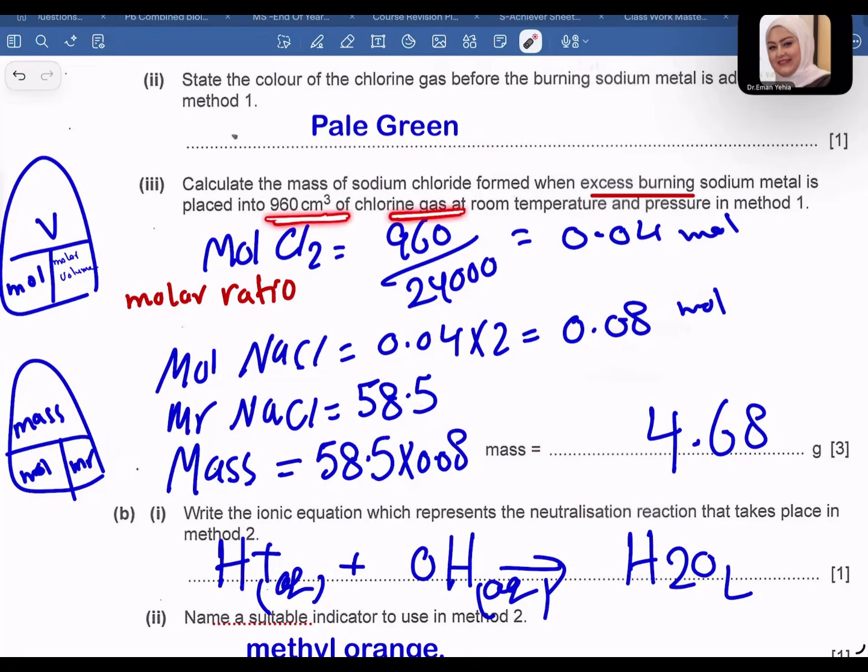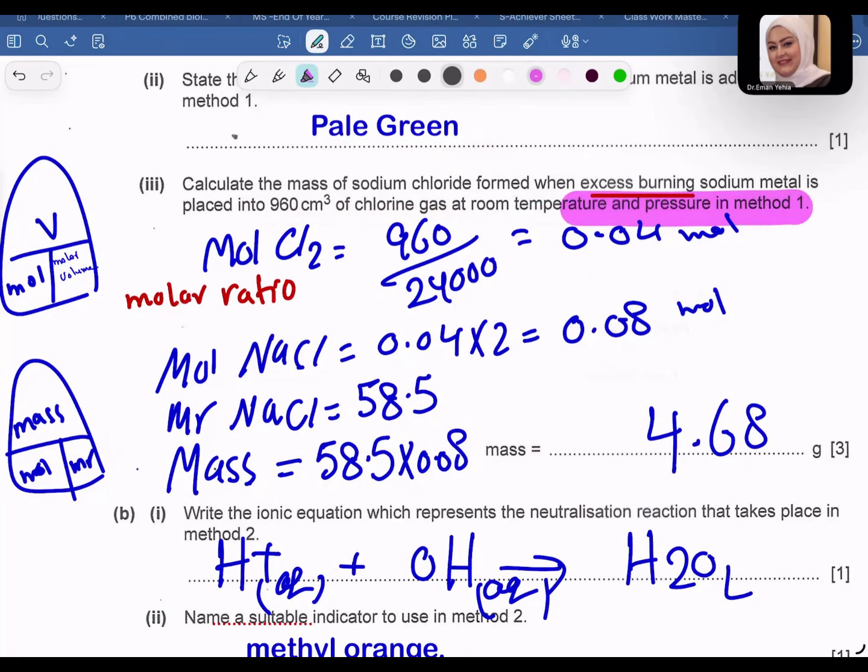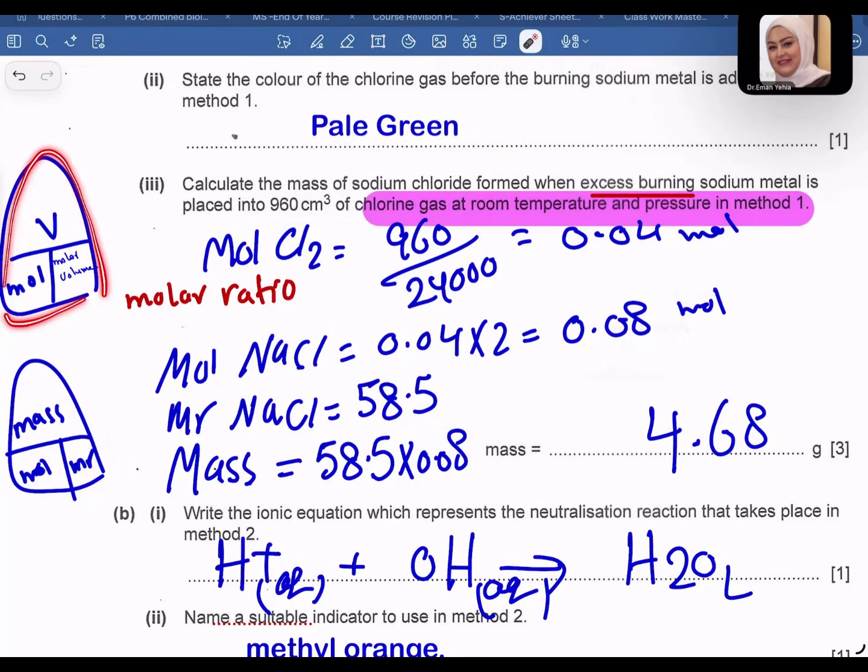Chlorine gas at room temperature and pressure. This is a tricky word. Use this triangle for gas at room temperature and pressure only for gases, because the volume of the gas changes according to temperature or pressure changes. So to calculate the number of moles, use molar volume.